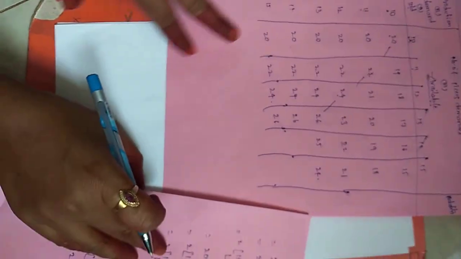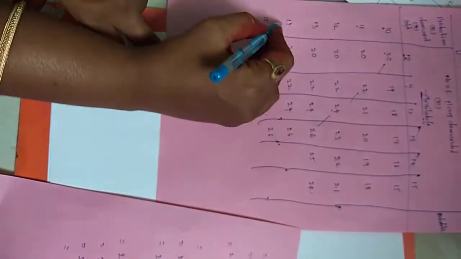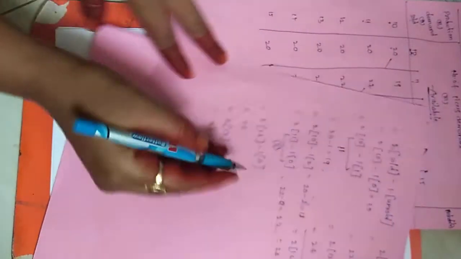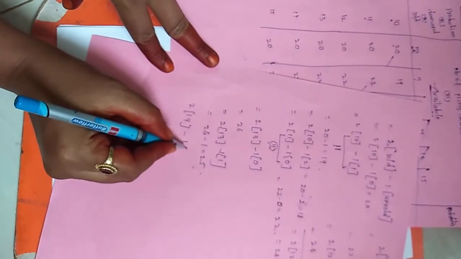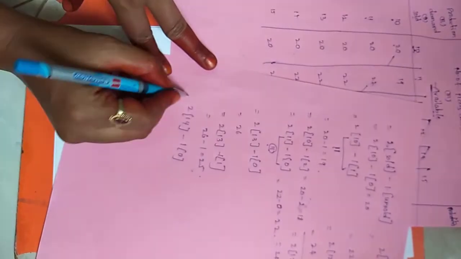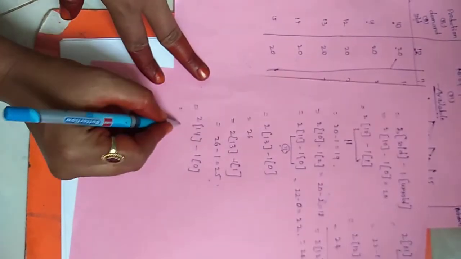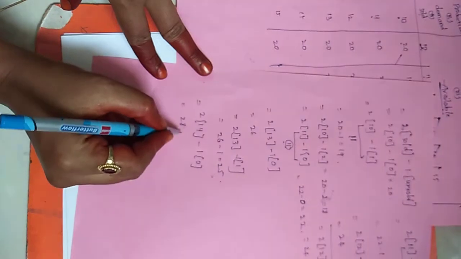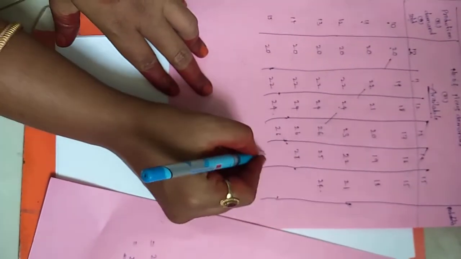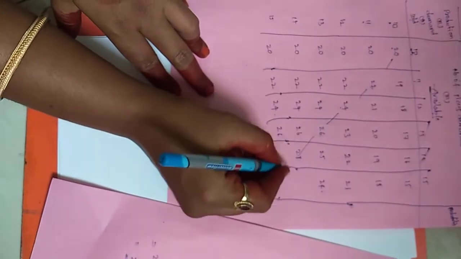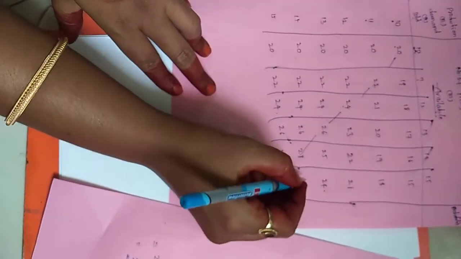Next, 14 are available and we sold 14. It means 2 into 14 minus 1 into 0, so it means 28. We write 28 here and this is the highest value in this row. We copy it here.